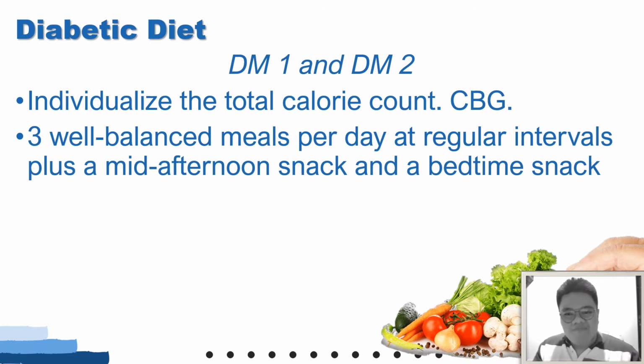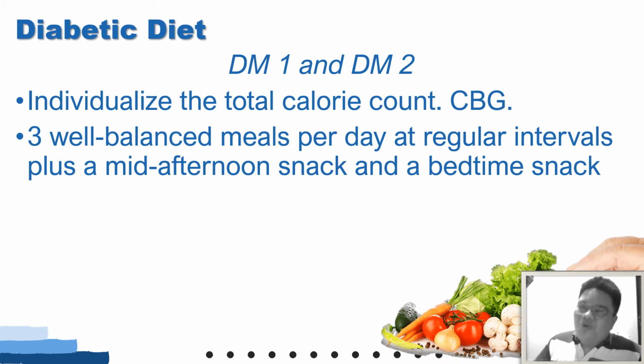Class, we divide the diet into 3 meals and 2 snacks. If you are in the hospital setting, the physician, for example, would order a diet for patient X of 1,800 calories divided into 3 meals and 2 snacks.